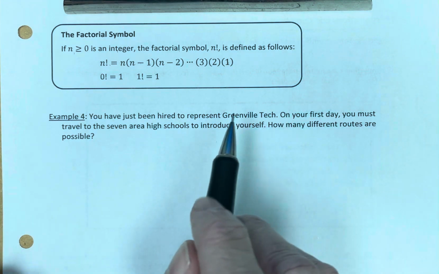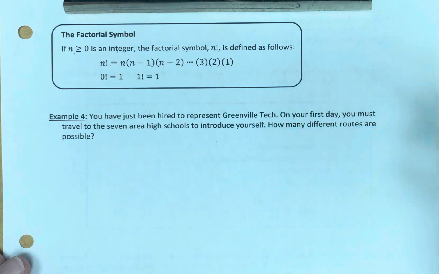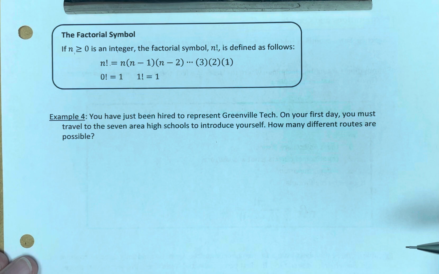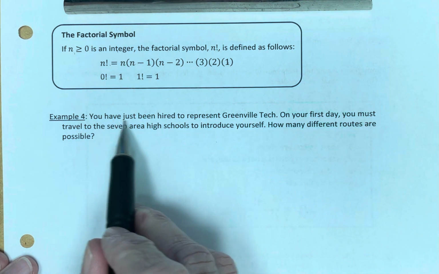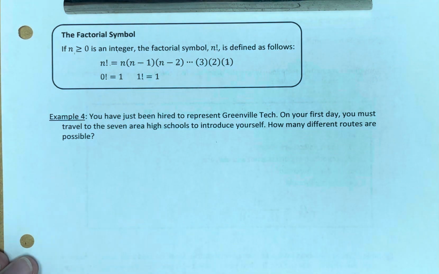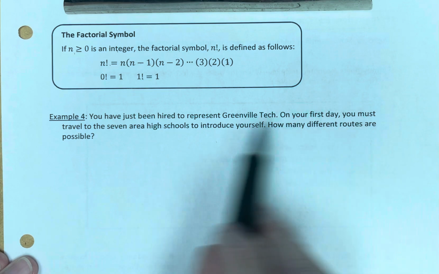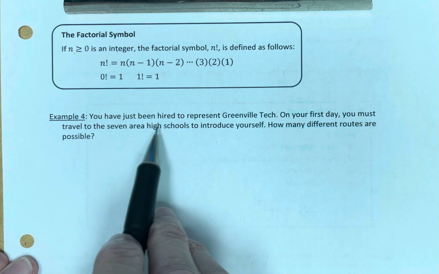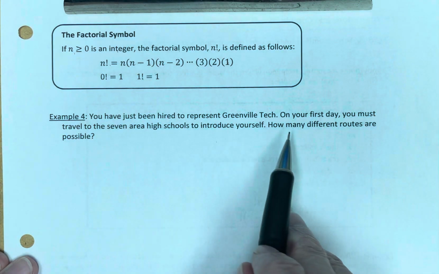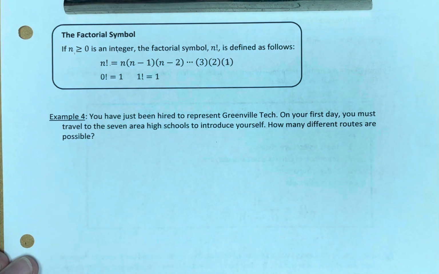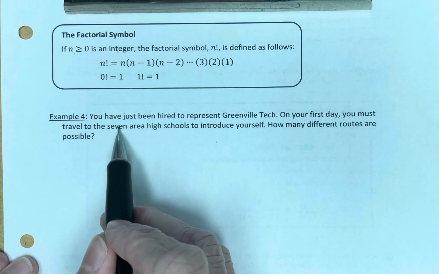So let's take a look at how factorial comes into play using the fundamental counting principle. You have just been hired to represent Greenville Tech. On your first day, you must travel to 7 area high schools to introduce yourself. How many different routes are possible? Well, you're going to 7 high schools.